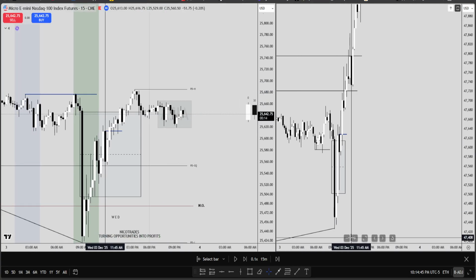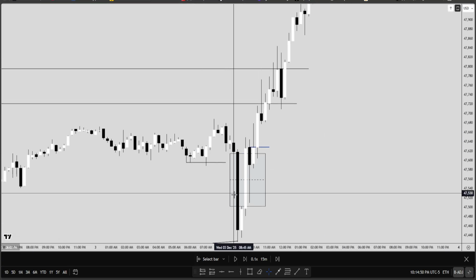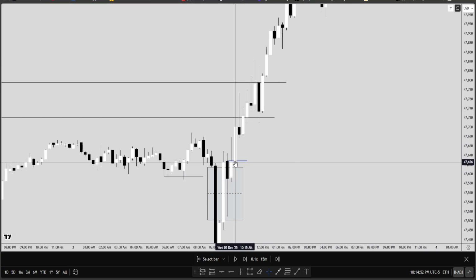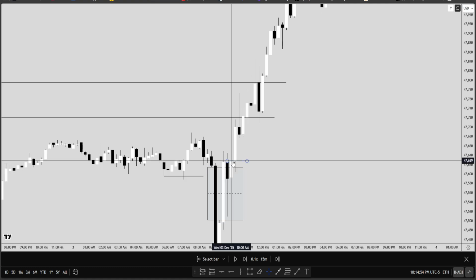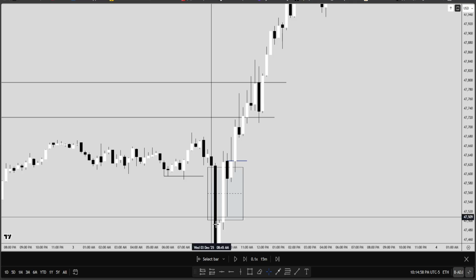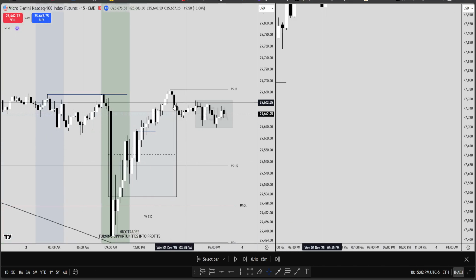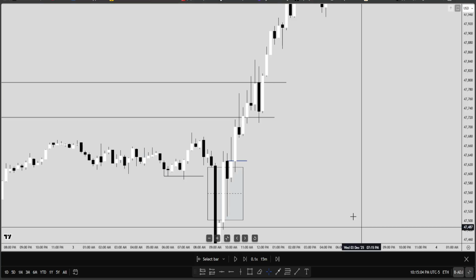But again, I was looking at YM due to the fact that we had that nice rejection off that 4-hour, so this was the strength leader. As you can clearly see, the expansion phase for this was a lot better compared to this in my eyes. But back to it.